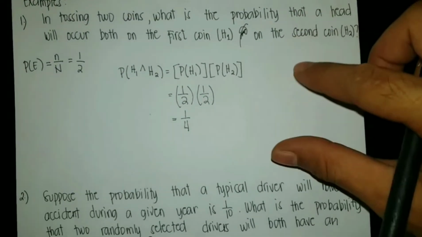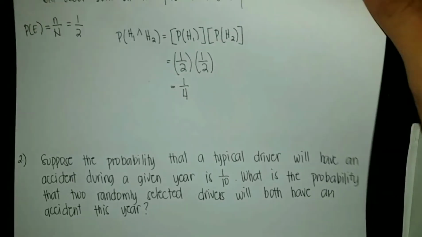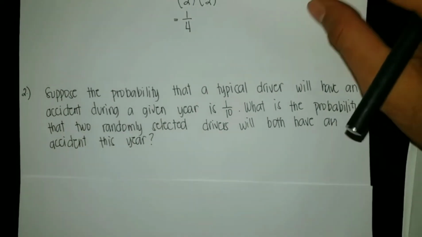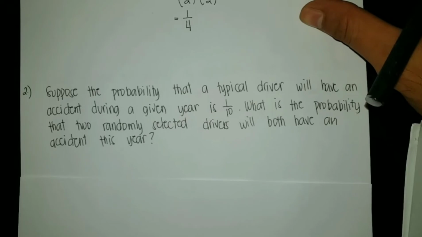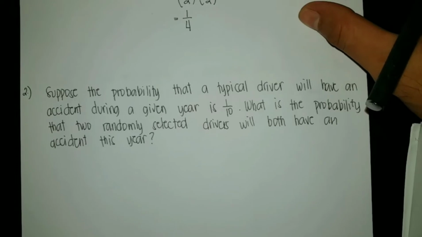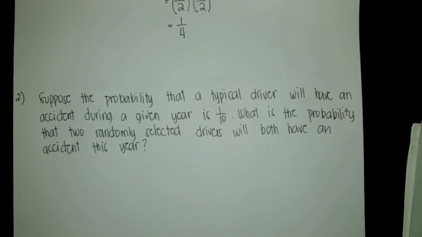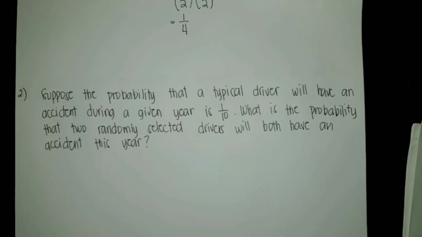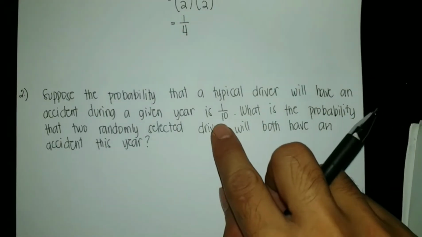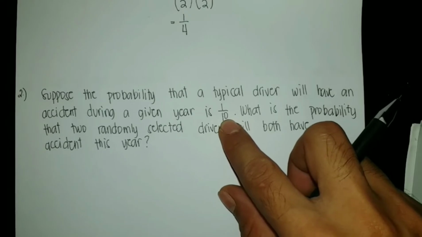Another example, suppose that the probability of a typical driver having an accident during a given year is 1/10. What is the probability that two randomly selected drivers will both have an accident this year? This is easier to calculate because the probability of each event is already given, which is 1/10.